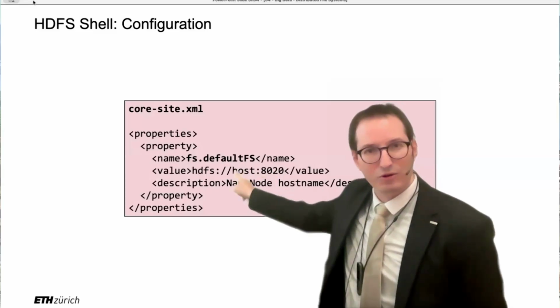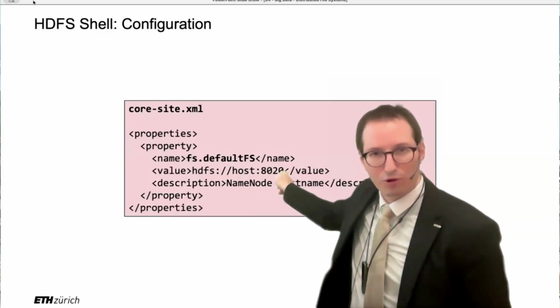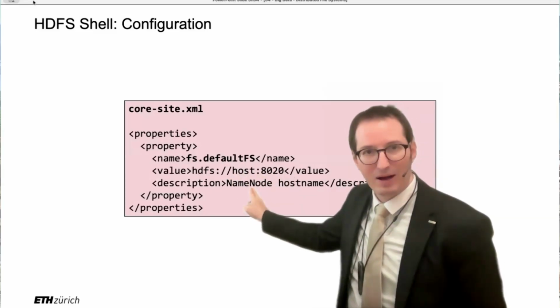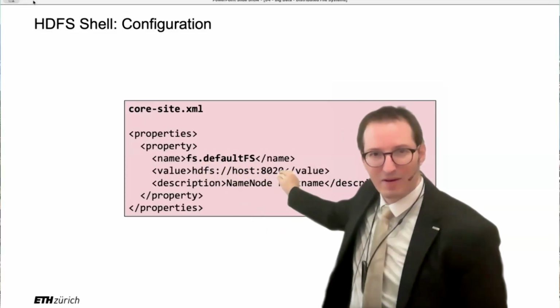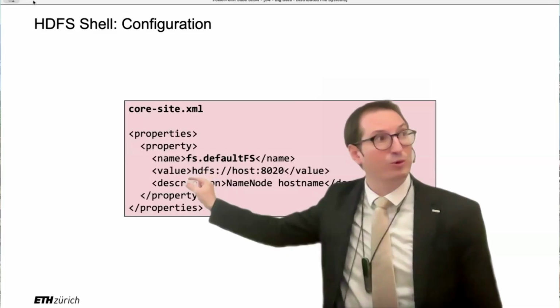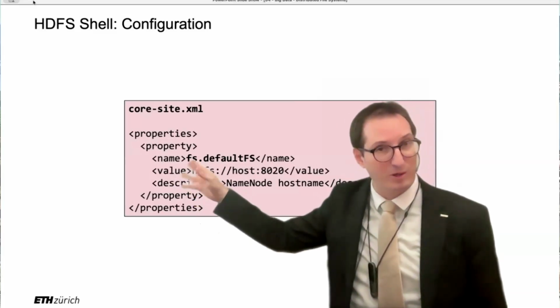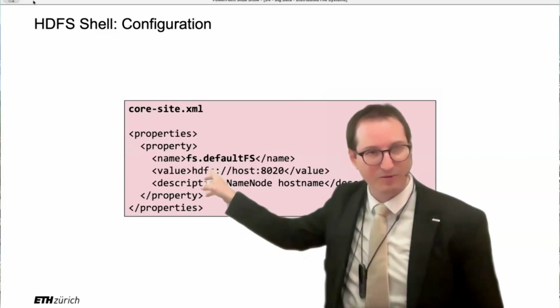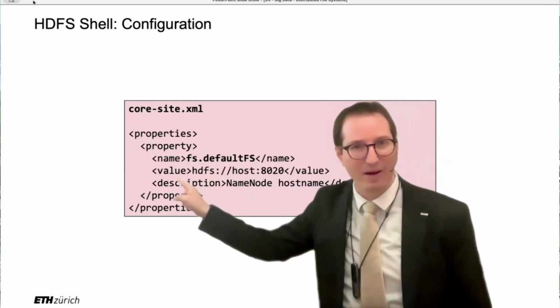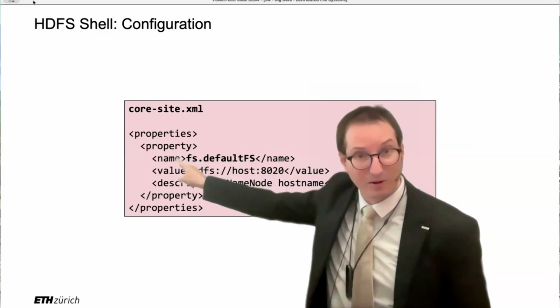This is the host for the name node and the port on which it listens. And that's just a description. So basically, you just say, my default file system is this. So whenever now you use the Hadoop FS command and you just say /blah blah blah, without specifying if it's HDFS or S3 and so on, then it's because it's configured in here.